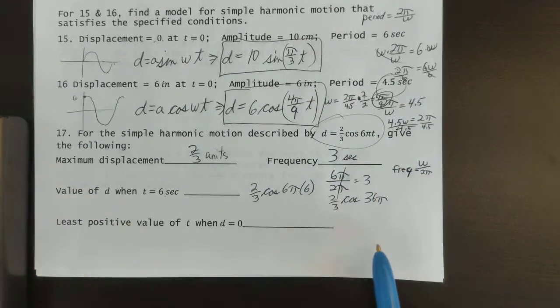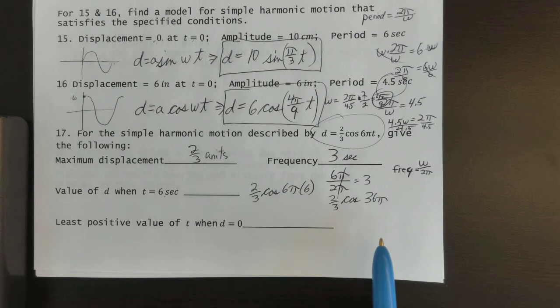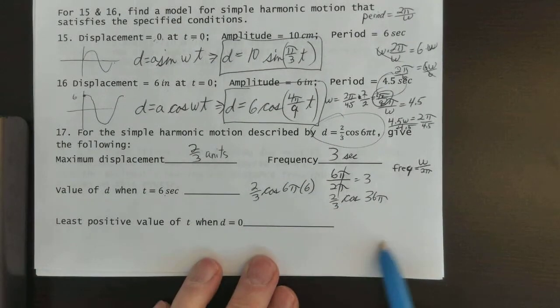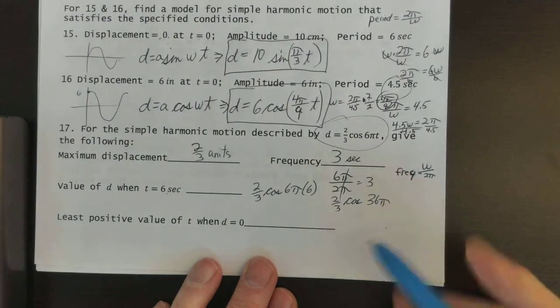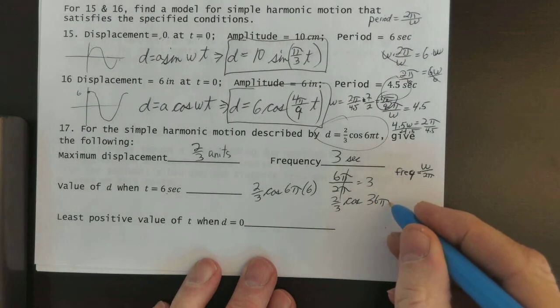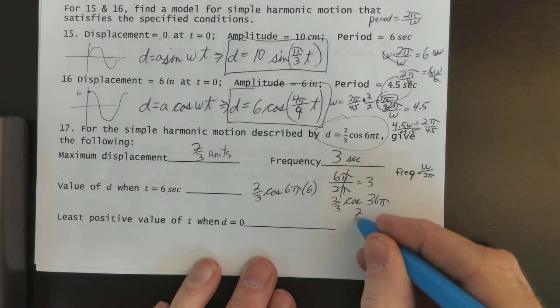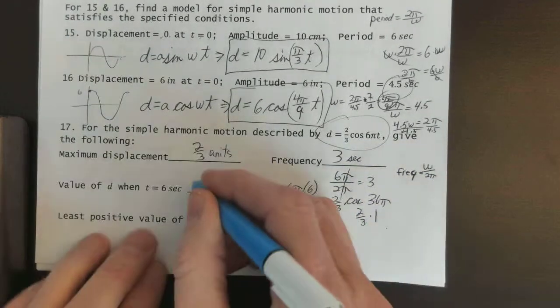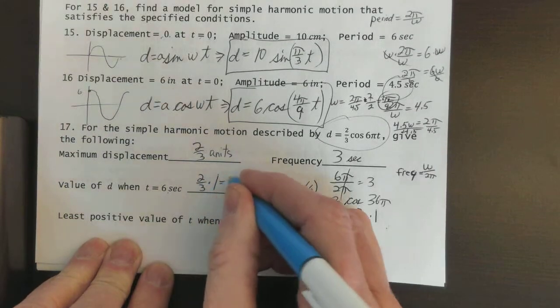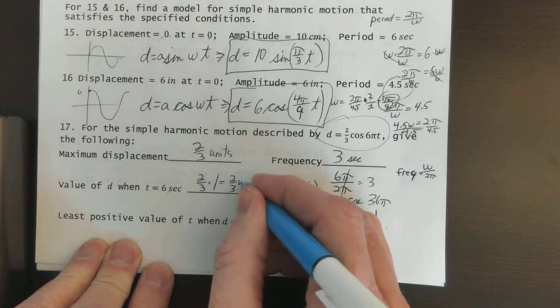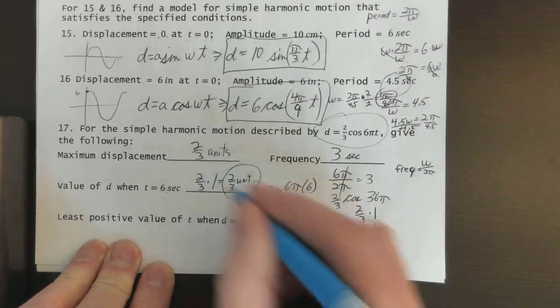Now, 36 pi's coterminal angle, I think you'll find, as you go around by 2 pi, is 2 pi. So the cosine of 2 pi is 1. So this is just 2/3 times 1, which is 2/3 of a unit, whatever the units are.